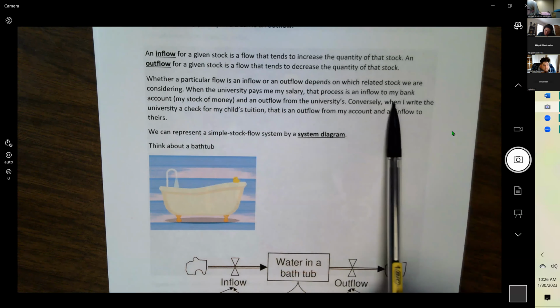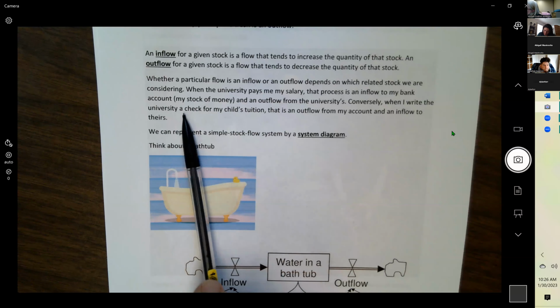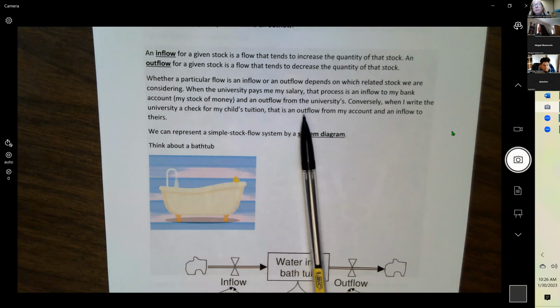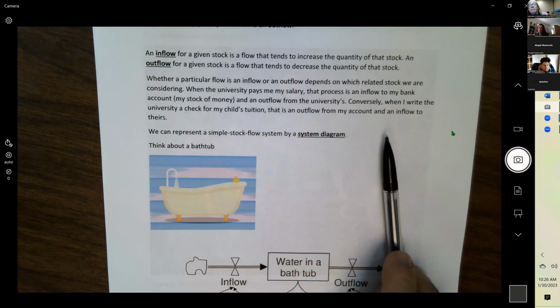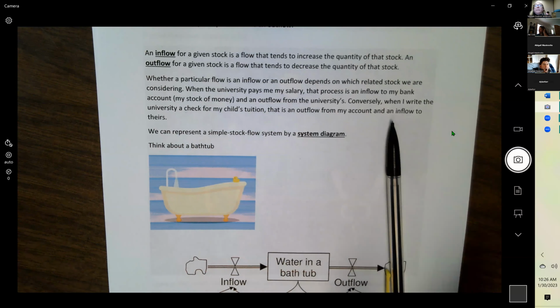When I write a check to the university, it's an outflow from my account, but it's an inflow into their account. If they give me a check, then it's out of theirs and into mine. So it could be the same thing depending on which person you're looking at. Any questions on that?